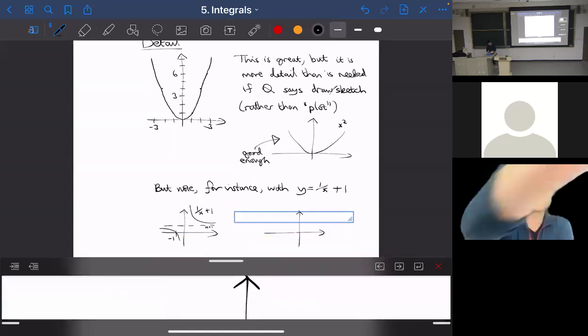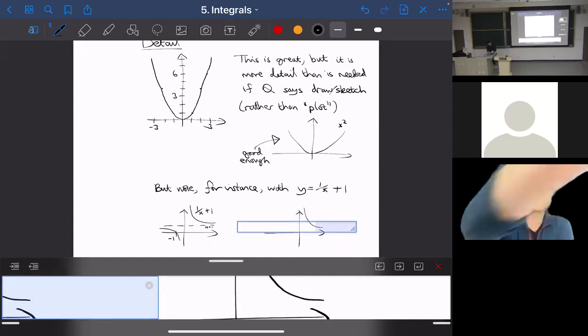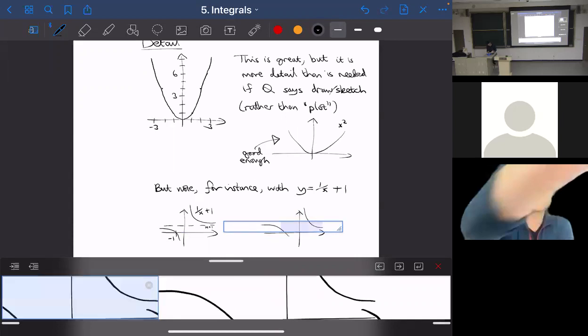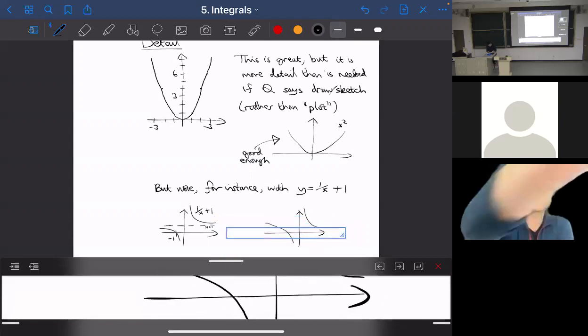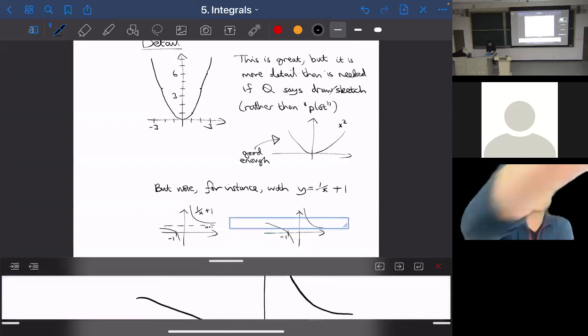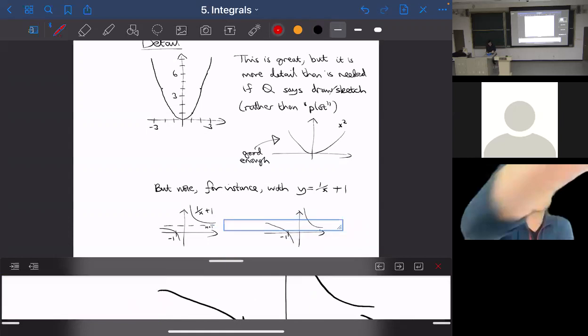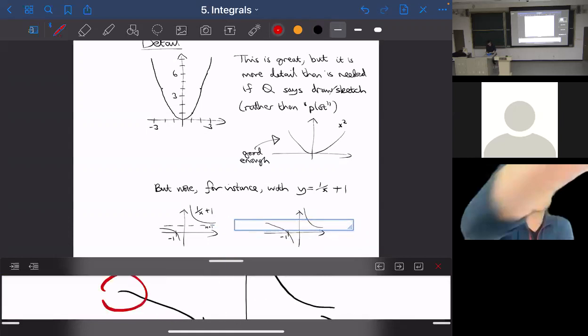But if I did something like this, yeah. So something like that. Okay, so even if I still have that x-intercept right, you see I've not shown this line x equals 1.